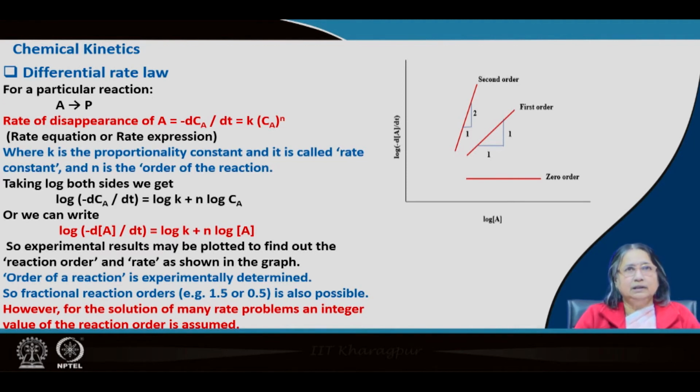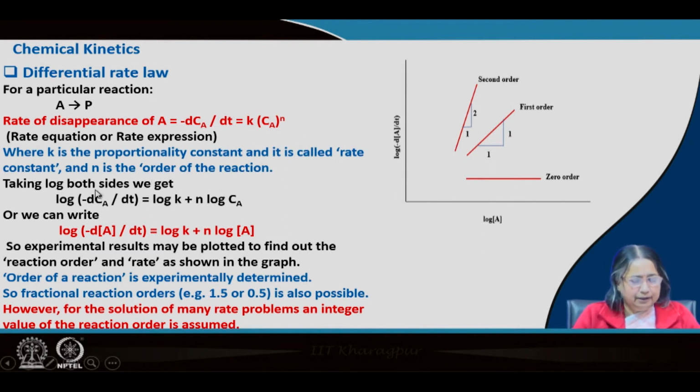Or if you express time in hours, then moles per liter per hour. If you express concentration in milligram per liter, then it will be milligram per liter per second or per hour. So, the rate unit will be the same irrespective of first order, zero order or second order reactions.